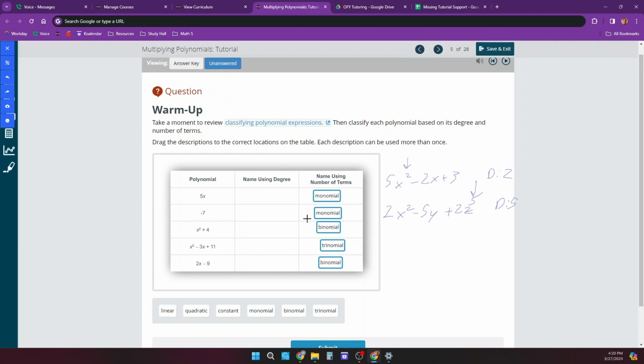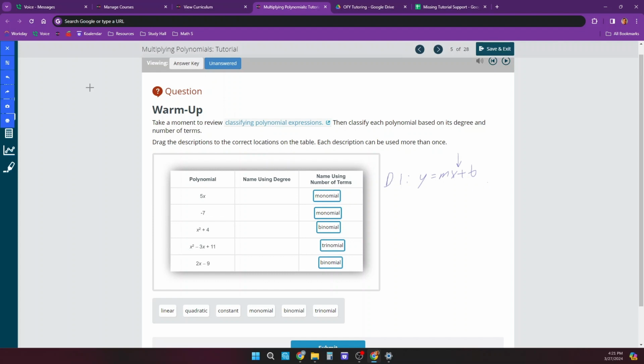As far as naming a polynomial based on its degree, a degree 1 polynomial is going to be linear. This is your classic y equals mx plus b. Let me give an actual example so it's slightly more clear.